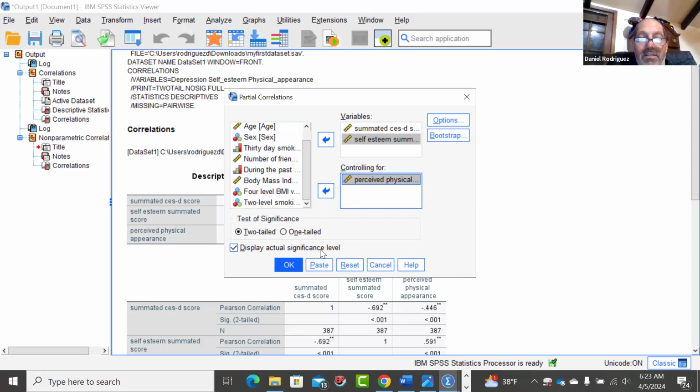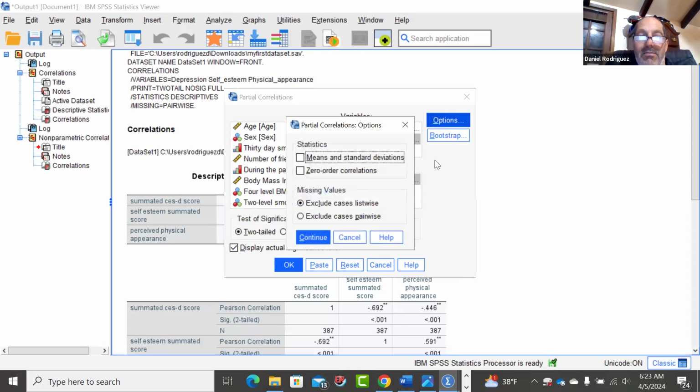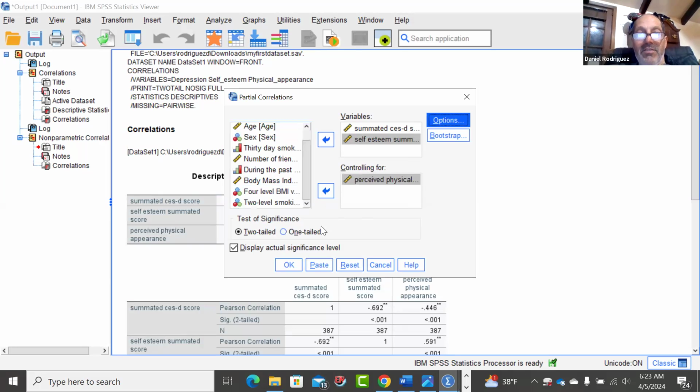Display actual significance level. Okay. Options, we have the zero order. The zero order means the correlation before controlling for the third variable. And if you want means and standard deviations, not a bad idea because most people always ask for those.